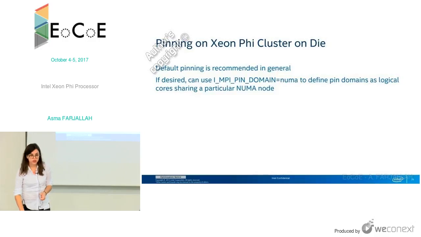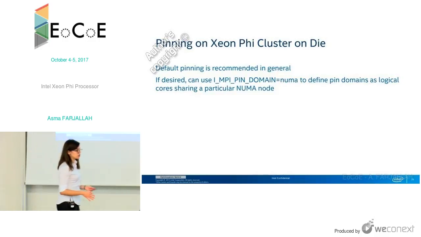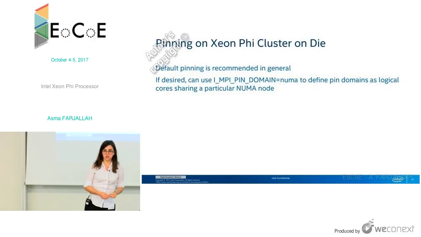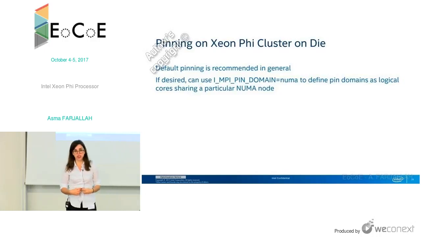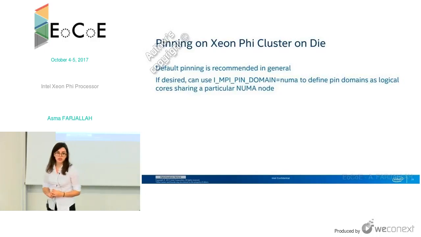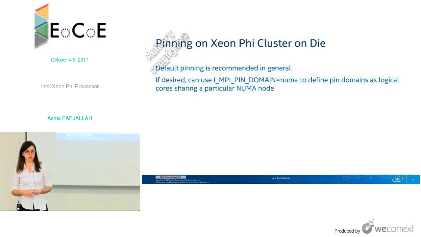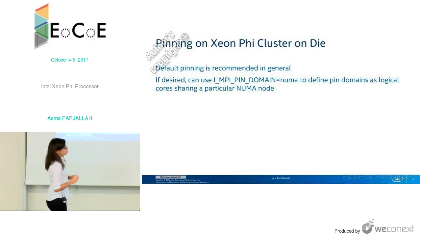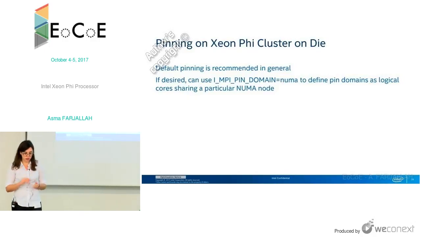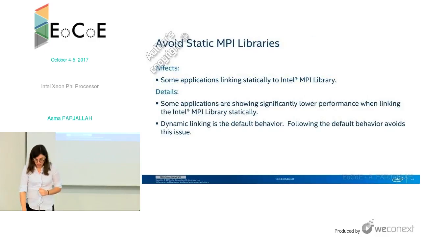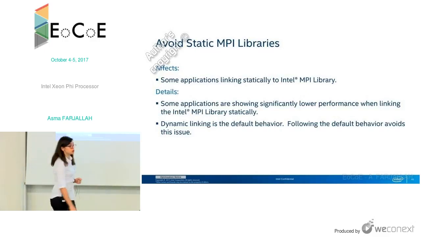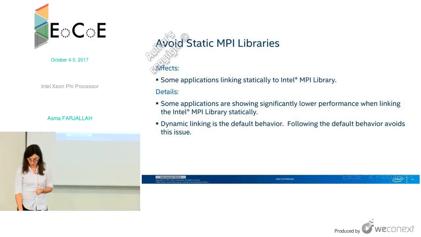If you have your cluster in quadrant mode activated, we recommend setting the MPI pin domain automatically to auto, but you may also want to use the NUMA value, which will use a particular NUMA node. Last thing is to avoid static MPI libraries and, when possible, use the dynamic libraries.